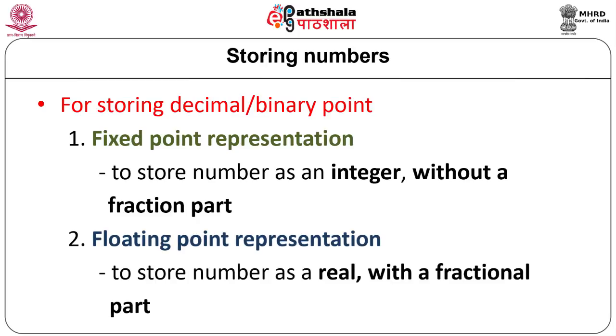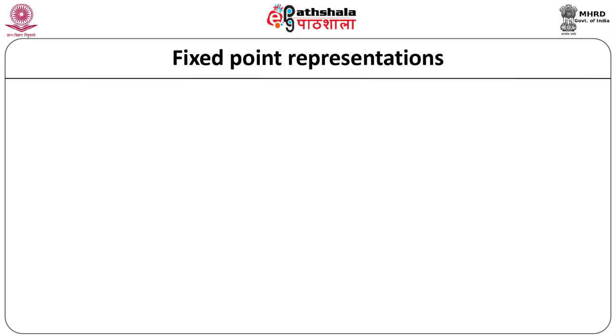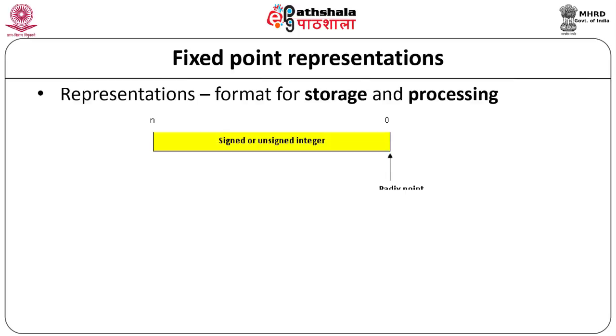In almost all computations, the numbers can be represented and processed in either of the two categories, fixed point and floating point notations. These representations provide a format to be used for storage and processing.